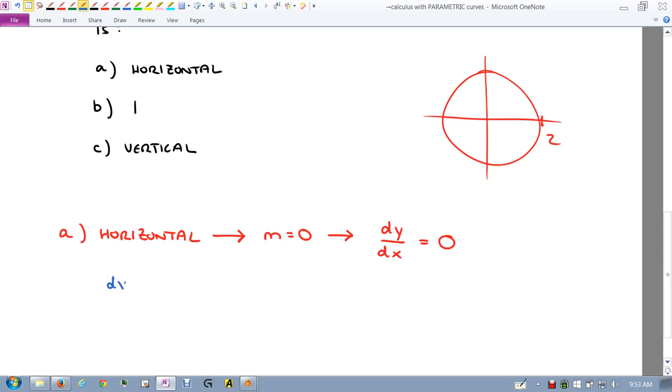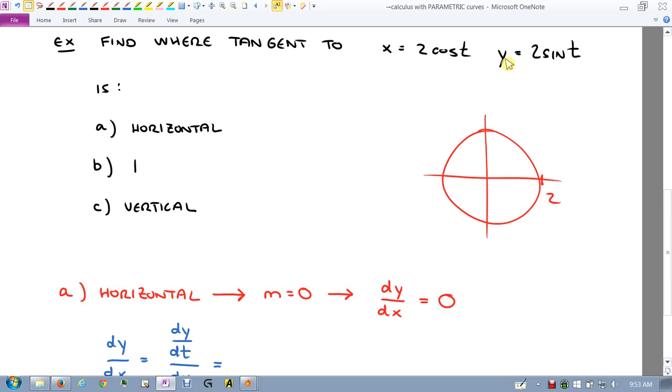So dy/dx, we just said, was dy/dt divided by dx/dt. What was dy/dt? So what's the derivative of y with respect to t? We go back up. Here's y, right? Take the derivative on both sides with respect to t. You get dy/dt equals what? 2 cosine t, right?